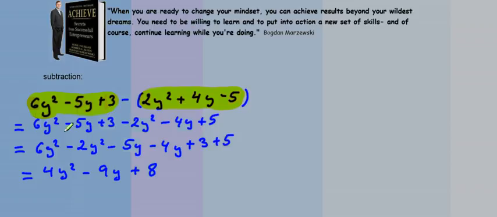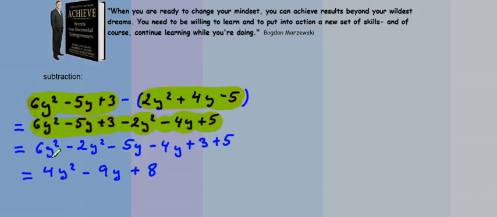So first, copy the first polynomial that was given, and then distribute the negative sign to 2y squared, negative sign to positive 4y, and when you combine negative 1 with negative 5, please note this will be positive 5 because you're multiplying negative 1 by each term inside of that second polynomial.